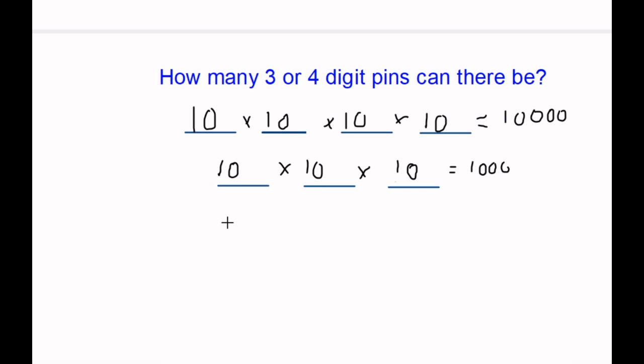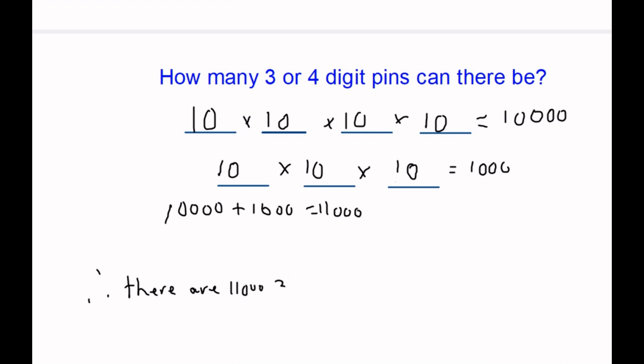So we can add those together. 10,000 plus 1,000 equals 11,000. So therefore, there are 11,000 3 or 4-digit pins.